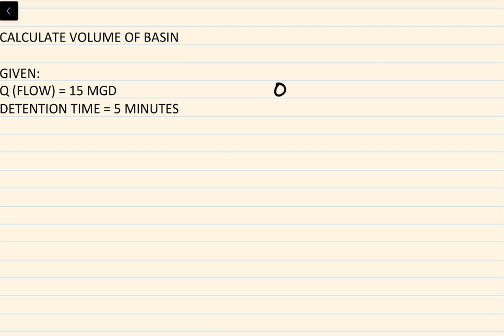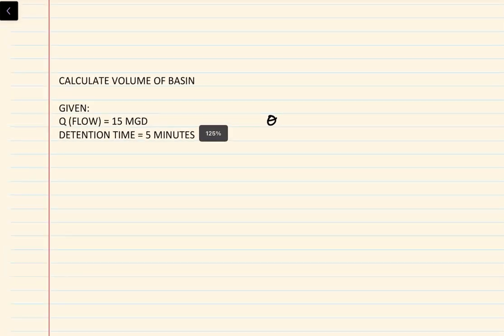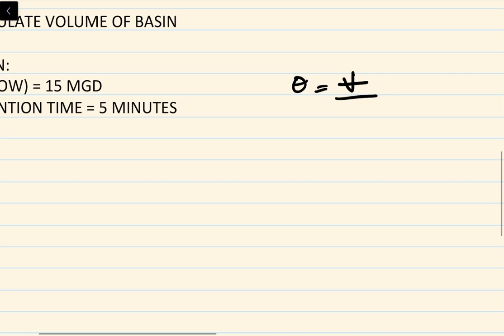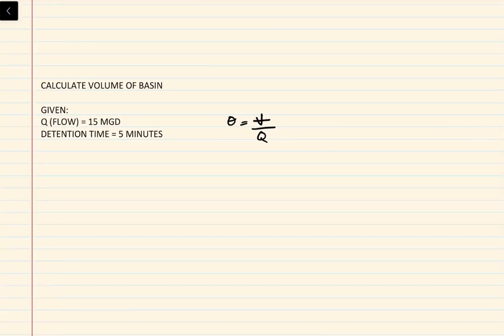It's usually written like theta, and it can be called hydraulic residence time, the volume over Q, right? So what we want to know is what volume of a basin will give us a detention time of 5 minutes under the conditions of there's a flow of 15 million gallons per day.